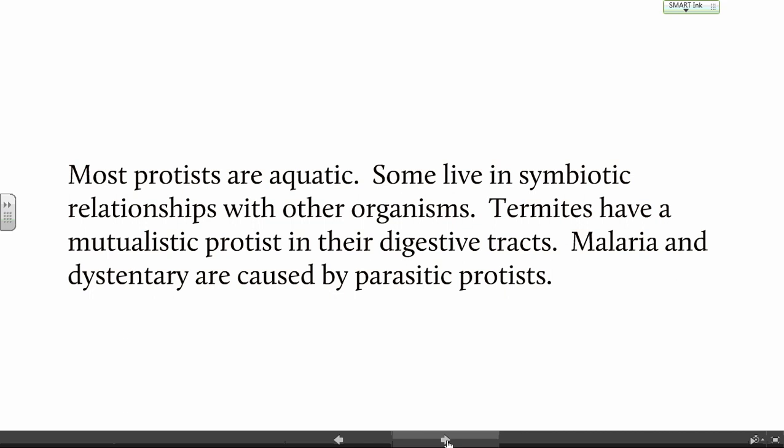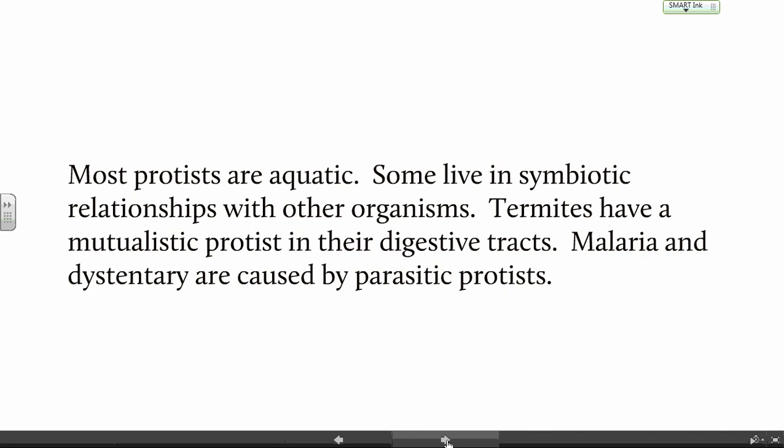Cellulose, which is a kind of sugar, a kind of polysaccharide that's notoriously what? Strong and hard to digest. I'm going to tell you that termites on their own cannot digest cellulose. Termites can't digest wood. But what can? The protists that live in their gut.